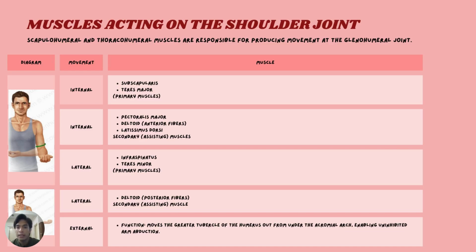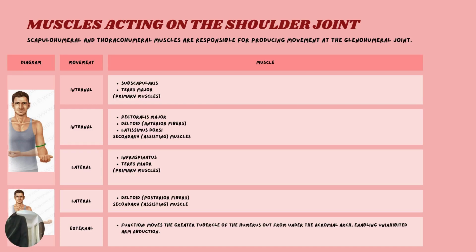The main lateral rotators are the infraspinatus and teres minor muscles, with help from the posterior fibers of the deltoid muscle. So we go through the external rotation.